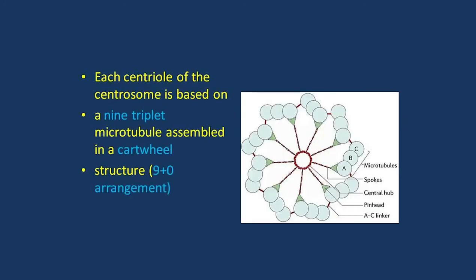Each centriole of the centrosome contains 9 triplets of microtubules arranged in a cartwheel fashion. There is a hub in the middle from which 9 spokes arise and 3 microtubules are attached to each spoke. This kind of arrangement is called 9 plus 0 arrangement. It is called 9 plus 0 because when compared to cilia and flagella, the 2 inner microtubules are absent here.